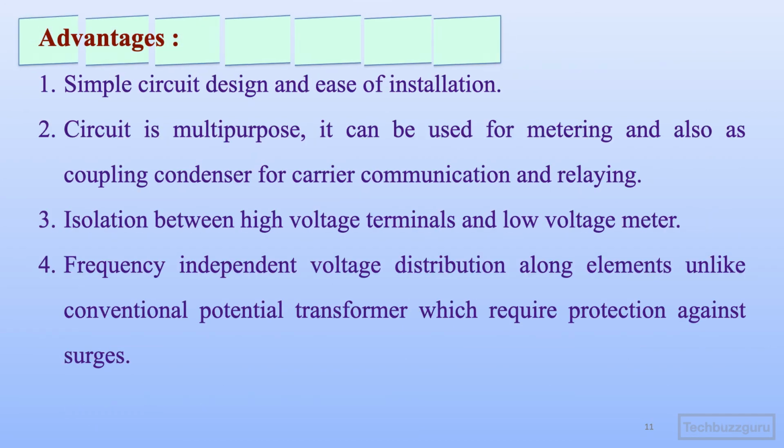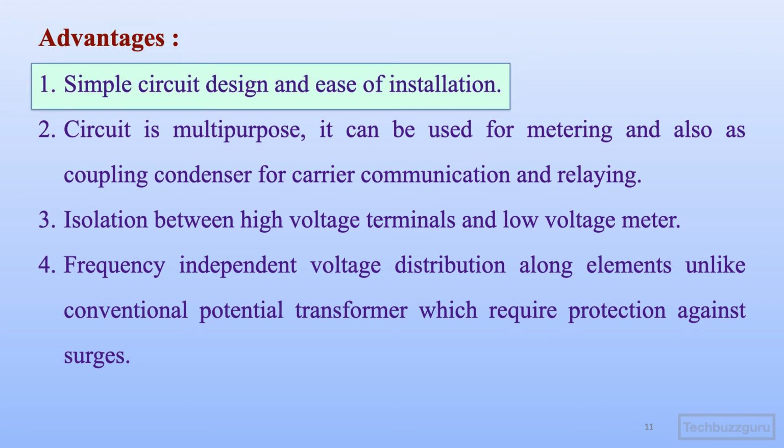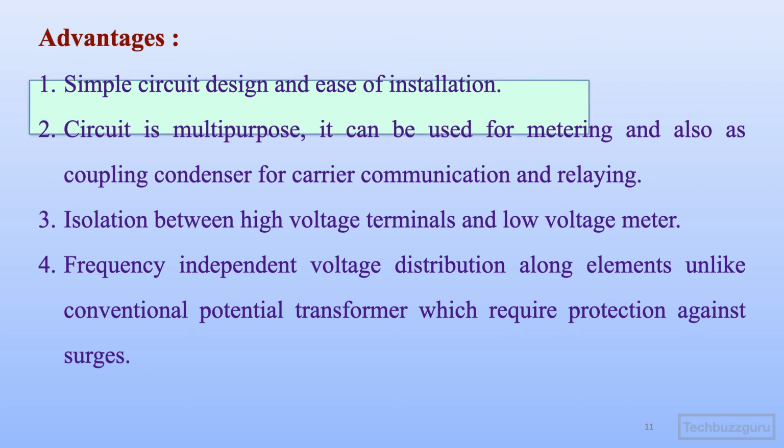So let us come to the various advantages that this particular circuit offers with respect to other methods. The circuit design is simple, and the ease of installation is there, as no special arrangement for capacitors and voltmeters is required.